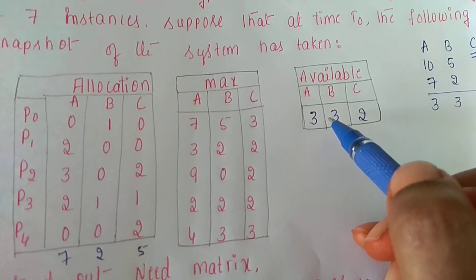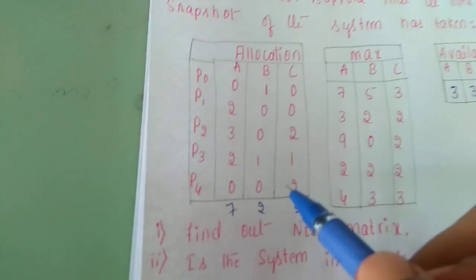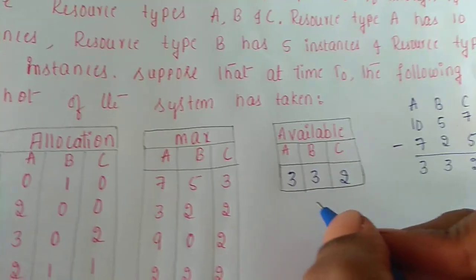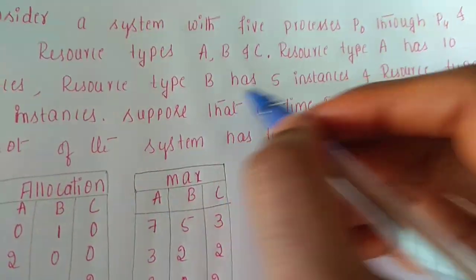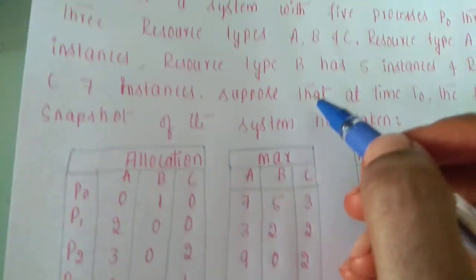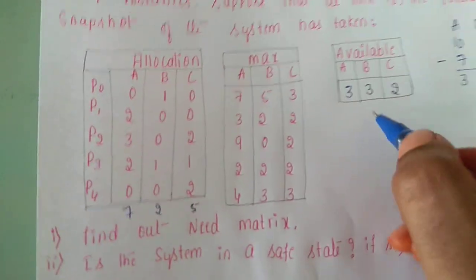In such conditions, you need to take these three numbers, add the three columns of the allocation, and subtract from them, and you will get the available. Usually he is going to give available directly. But when it is not given, you need to calculate like this. In this question, actually, it was given. So this is the question part.